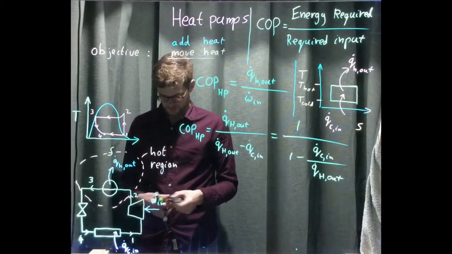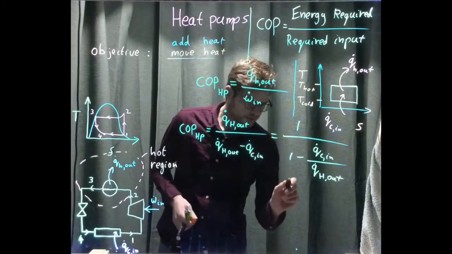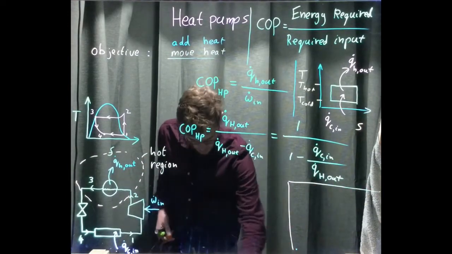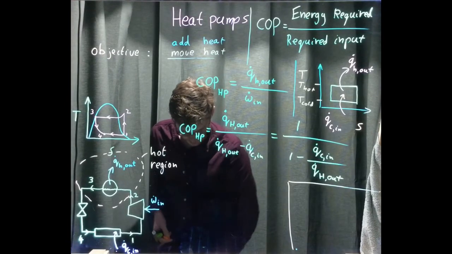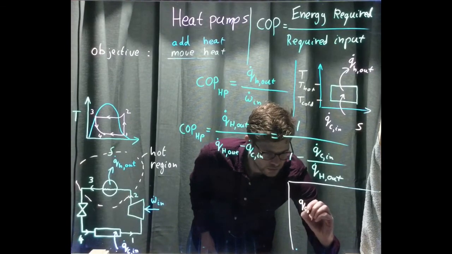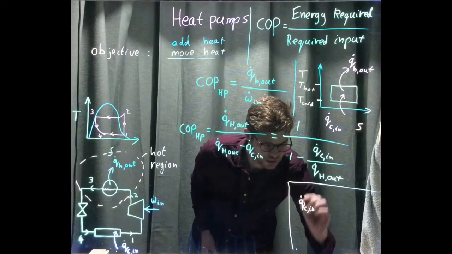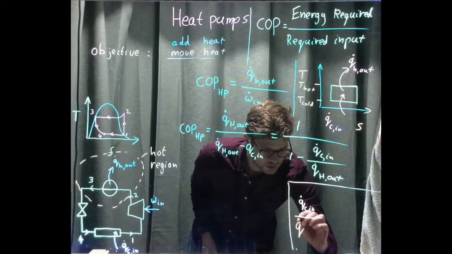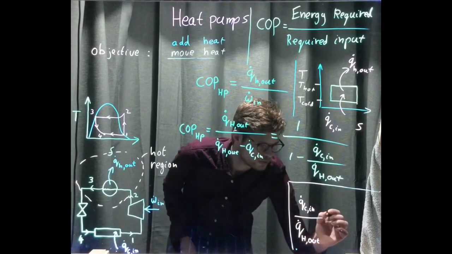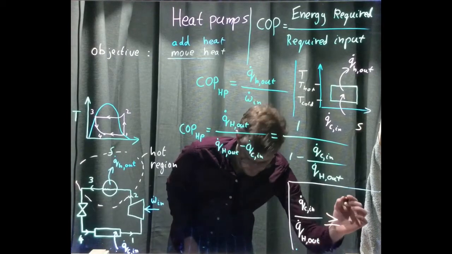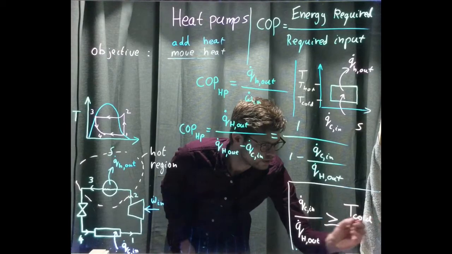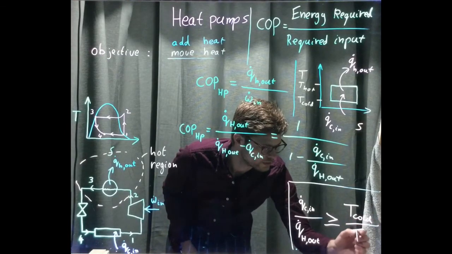One thing I know from the Carnot cycles is this, so just put it away here in this box: Q cold in over Q hot out should be larger than or equal to T cold over T hot.